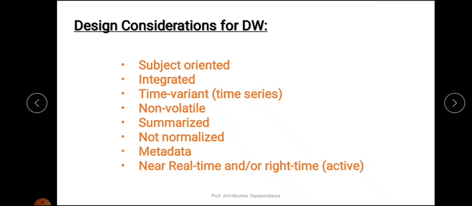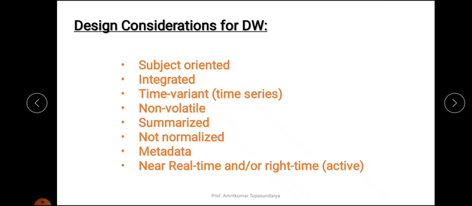Now it should be time variant. By time variant I mean the data in a data warehouse should grow at a daily or at least at chosen intervals. This allows the latest comparison over time.